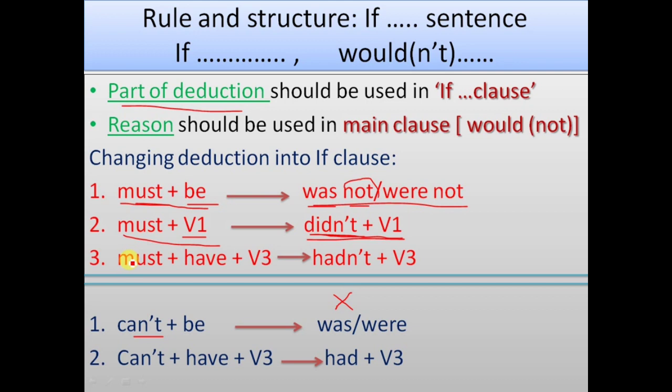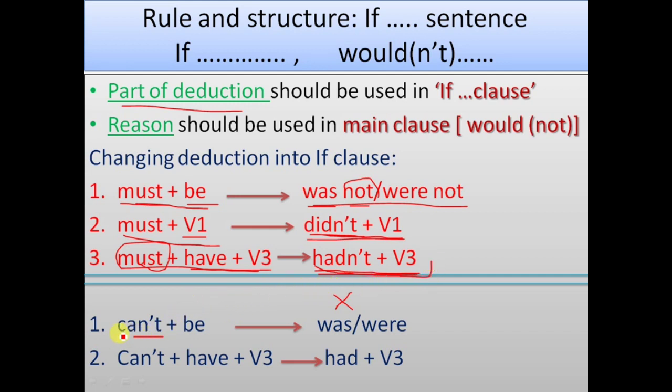Similarly, there might be must have plus V3, so we are changing it into had not plus V3. The sentence is positive, therefore we are making it negative, and we are changing have plus V3 into had not plus V3.